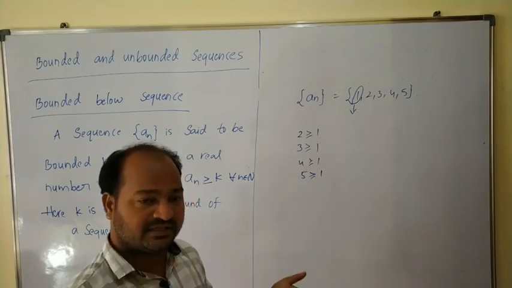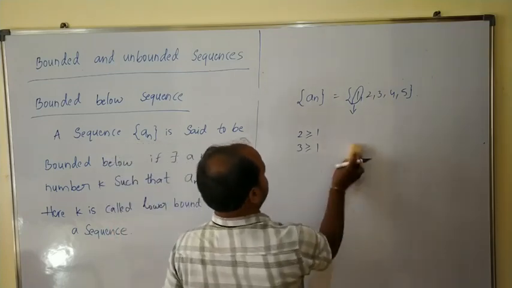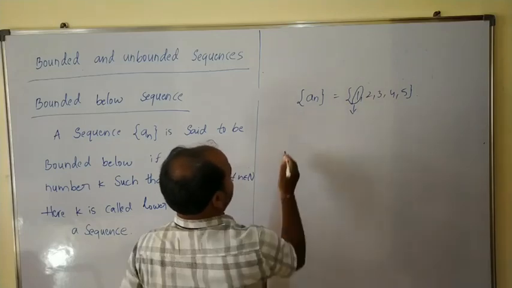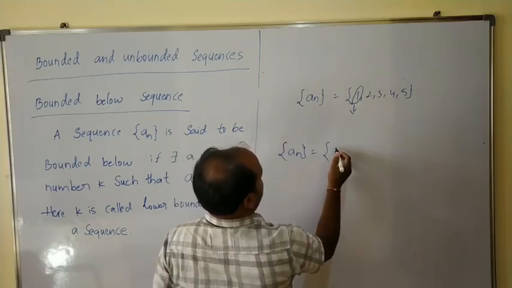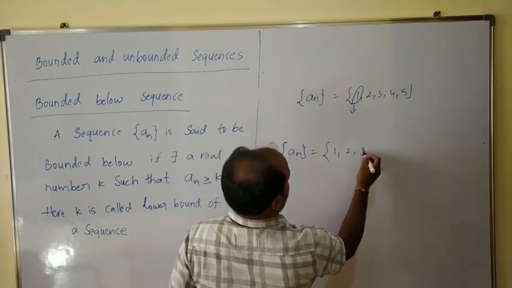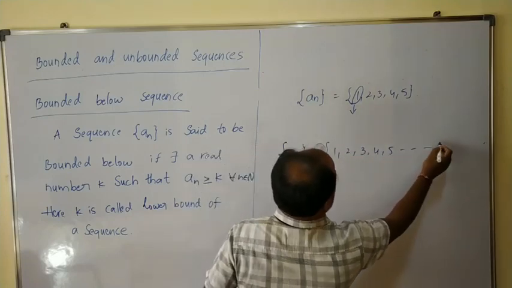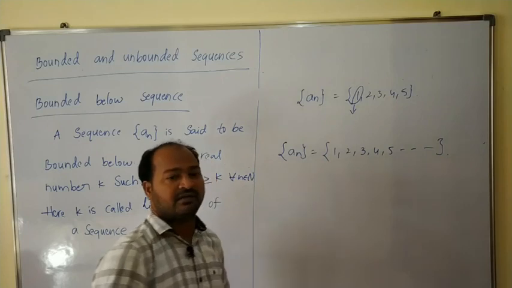So now let us see the second example. 1, 2, 3, 4, 5, and so on up to infinite values.